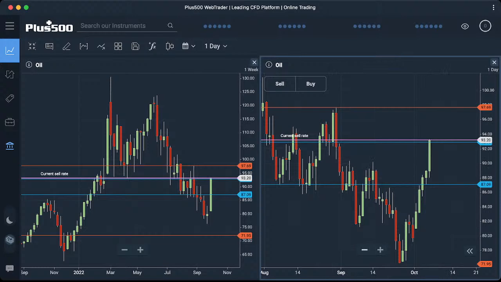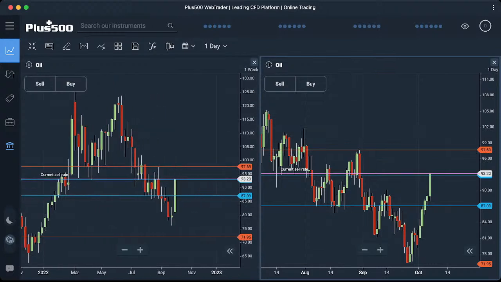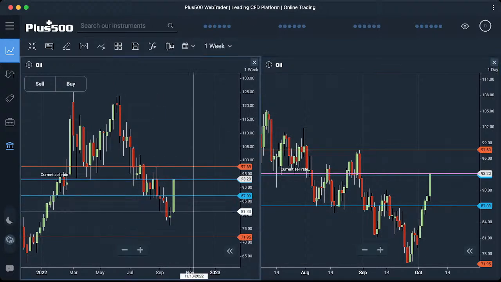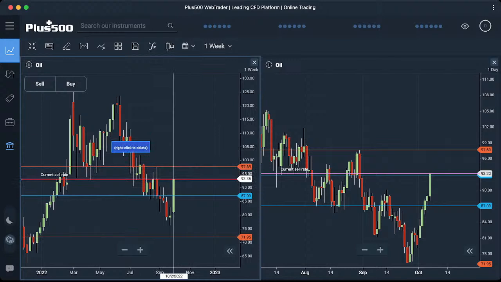But for this week, for crude oil, I can see price still can go to the upside, and my target for the week is going to be above the 97.70 level. You can see in the weekly chart this orange line, the buy side liquidity in the weekly chart at 97.70, and I want this liquidity to be taken this week.